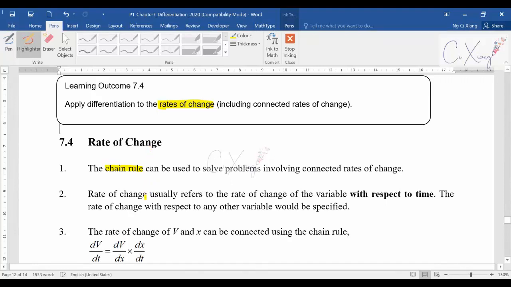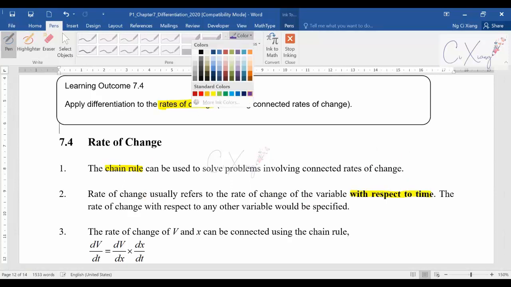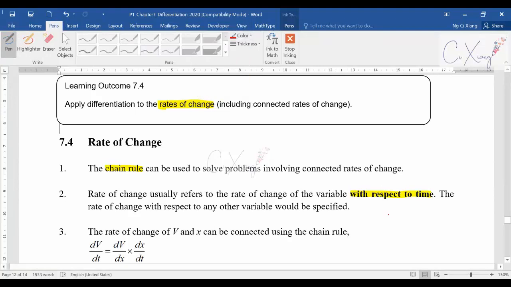And then the rate of change usually refers to the rate of change of the variable with respect to time. So when you see that, with respect to time, it means that generally your symbol for the rate of change will be something over dt, such as dV over dt, or area dA over dt, and so on. It is with respect to time.